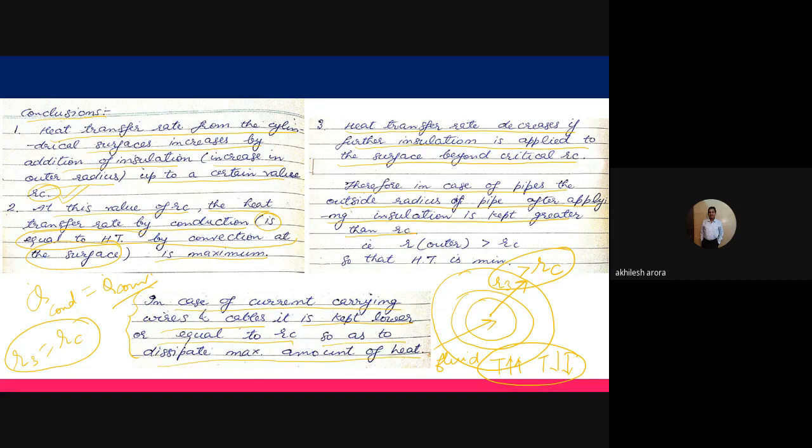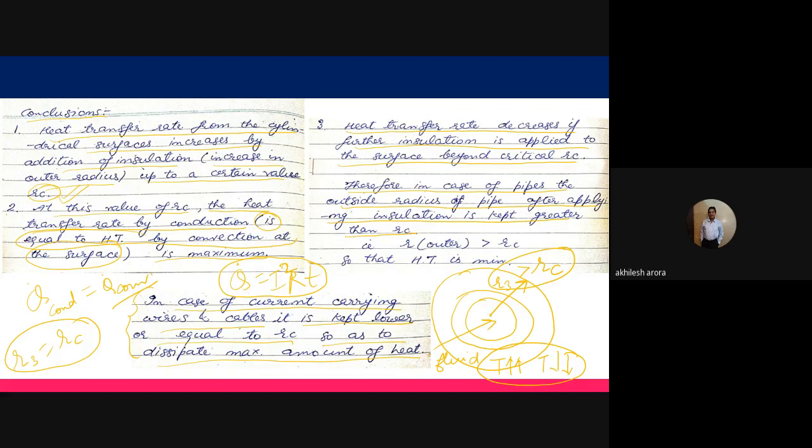Because in cables and conductors, a heating effect is produced, given by I square R T. This heat may melt the material of the conductor, so we would like to dissipate the maximum amount of heat from the conductor.